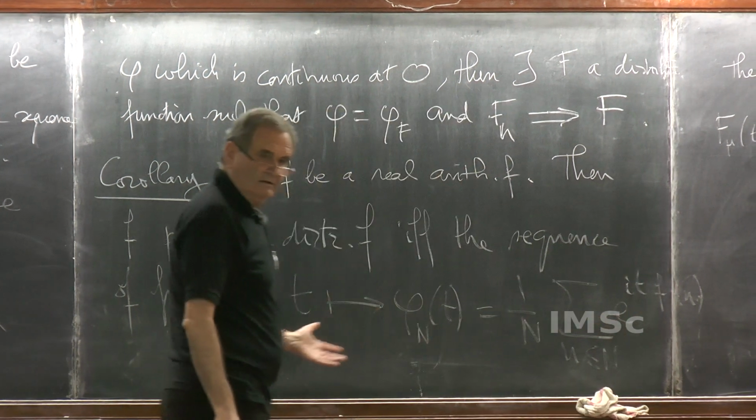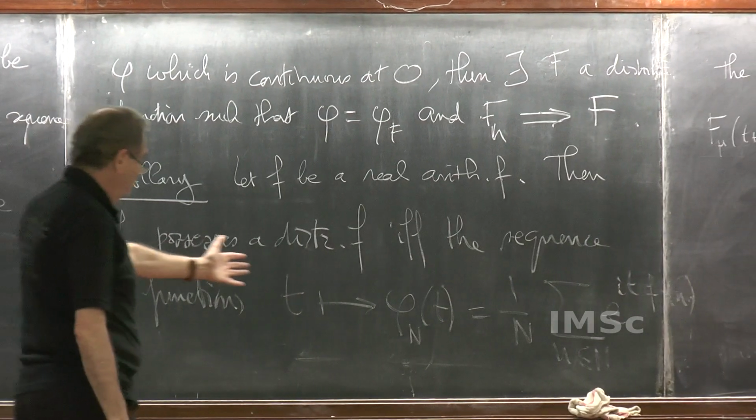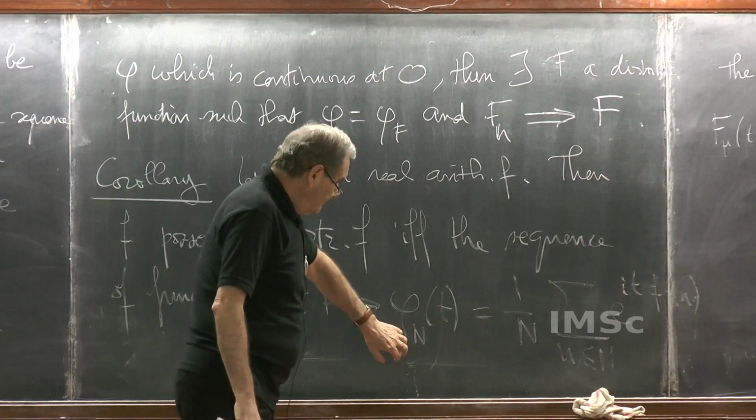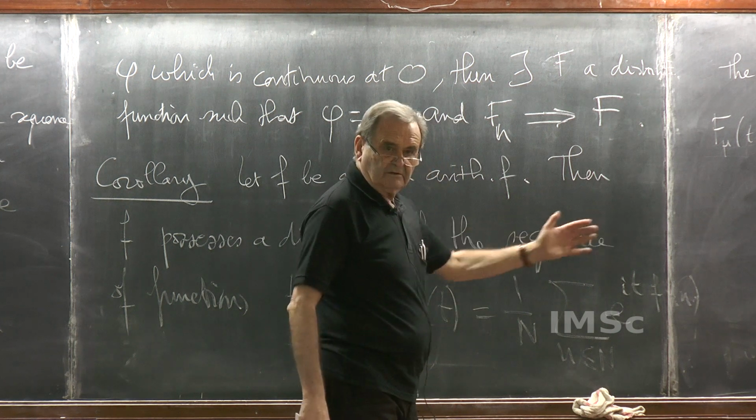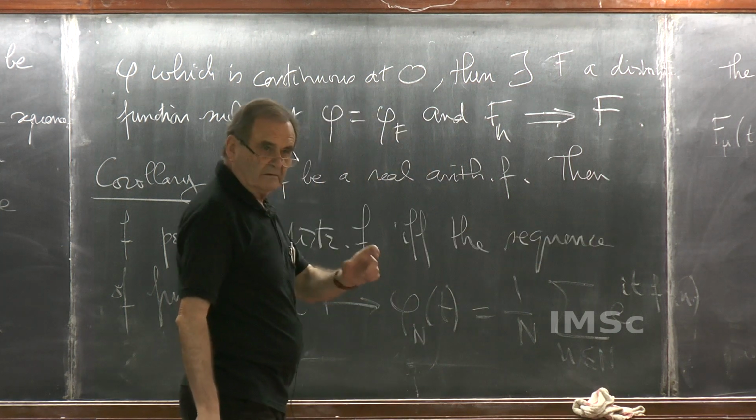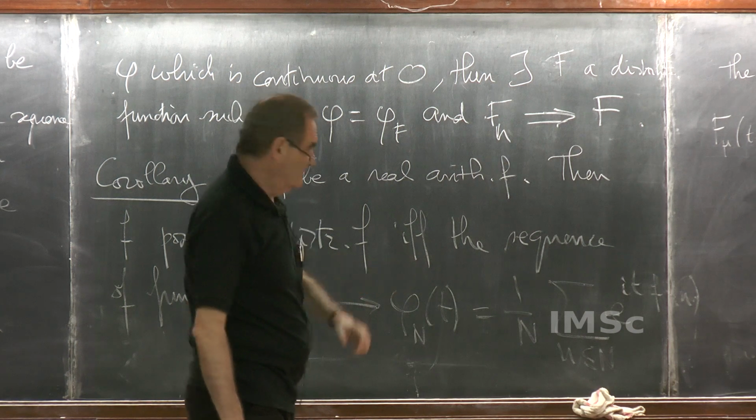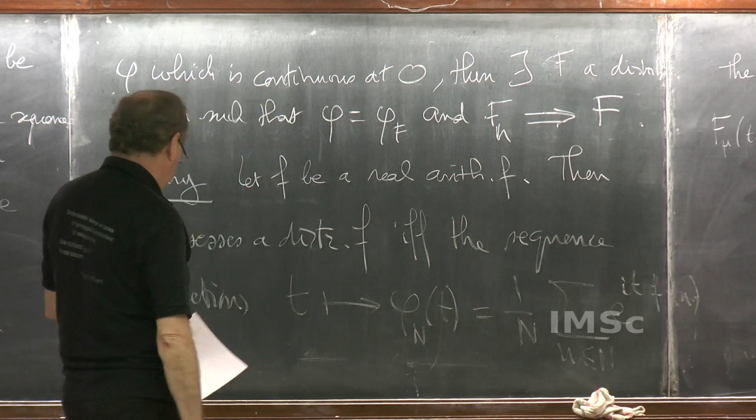I'm not doing anything. This phi_n is the phi_n which is associated to the empirical measure of the first n points.